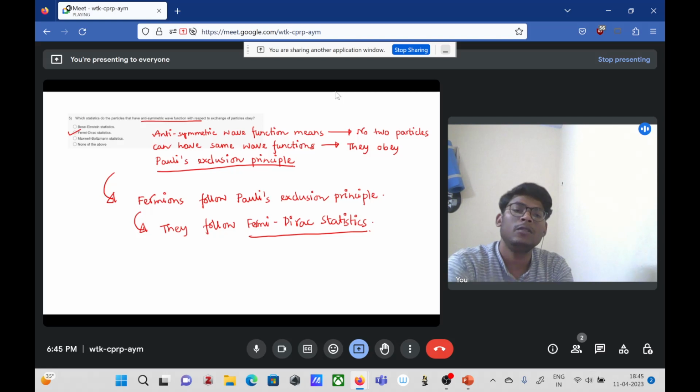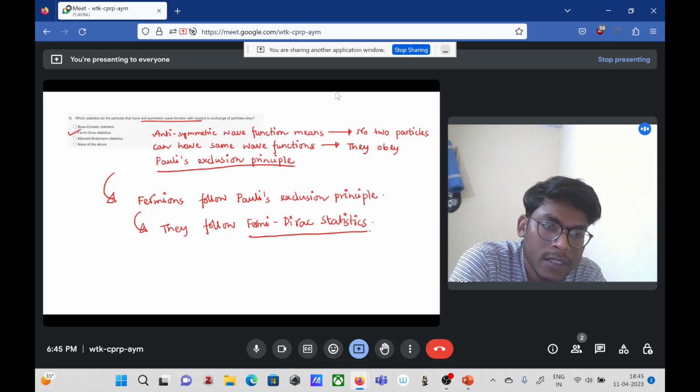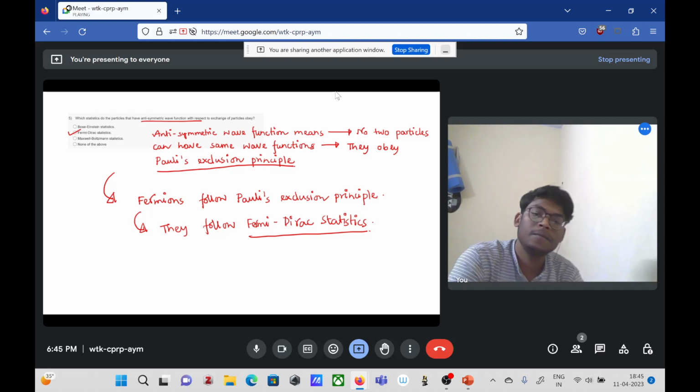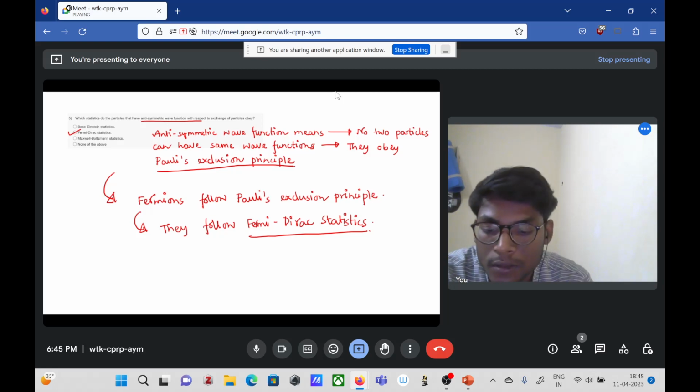Starting from quantum mechanics and the basic principles, he did research on the fundamental aspects of physics, and he built one of the fundamental pillars of physics, that is quantum mechanics or quantum physics. That's the man he is. Okay.